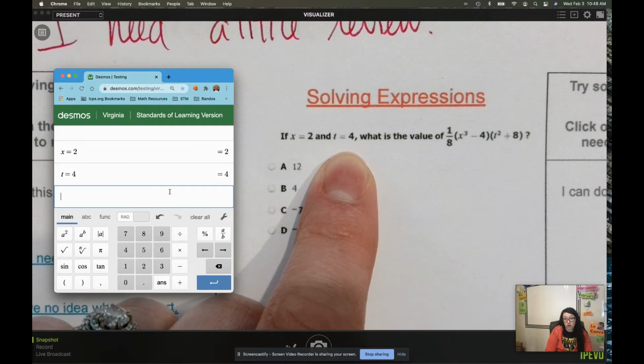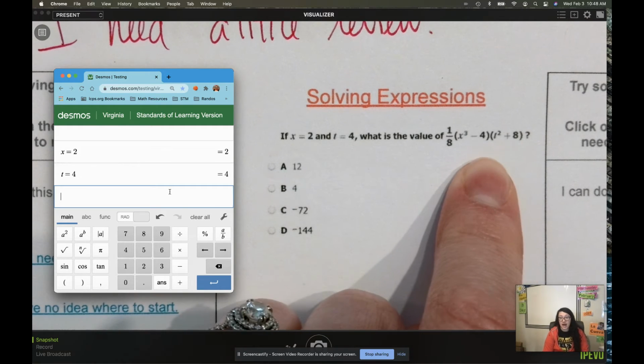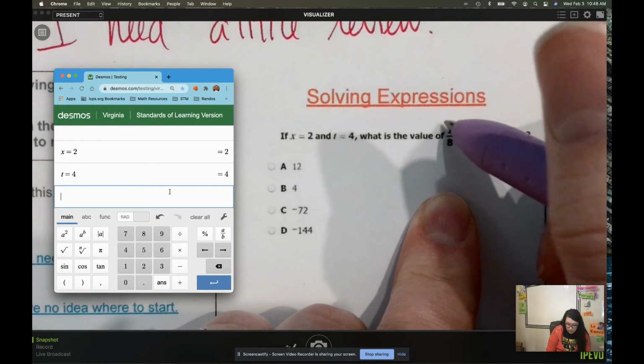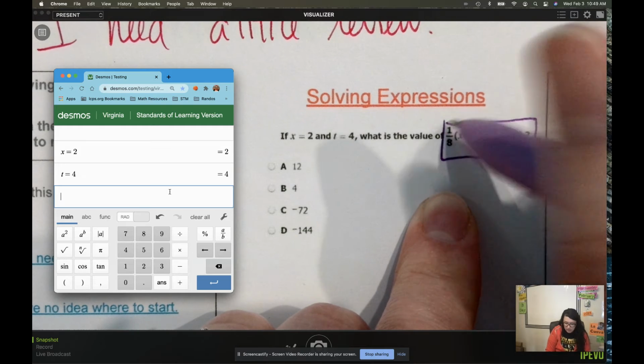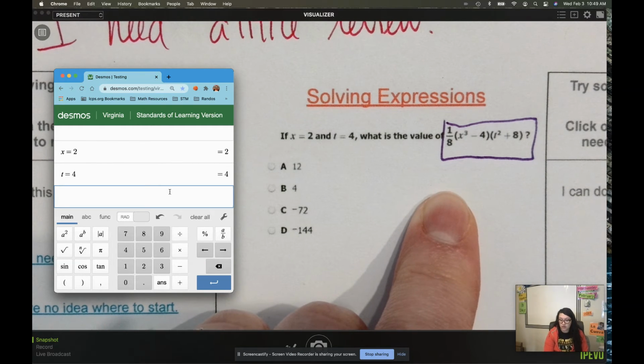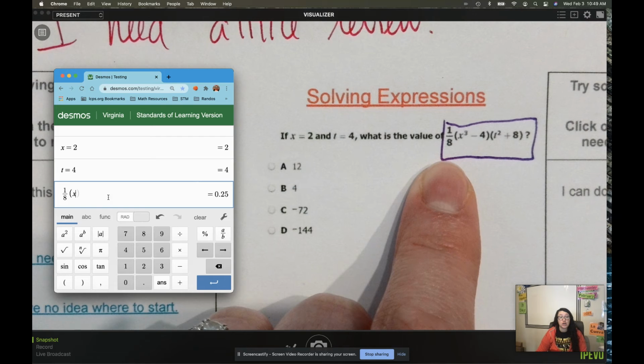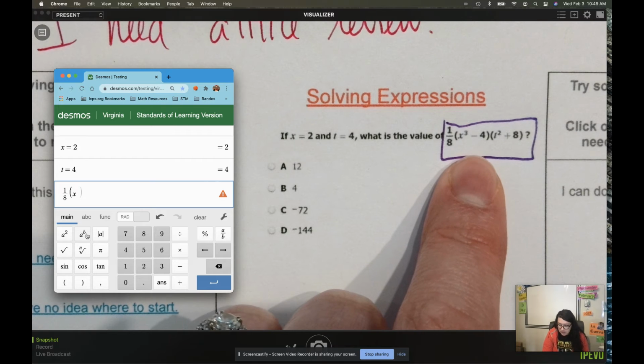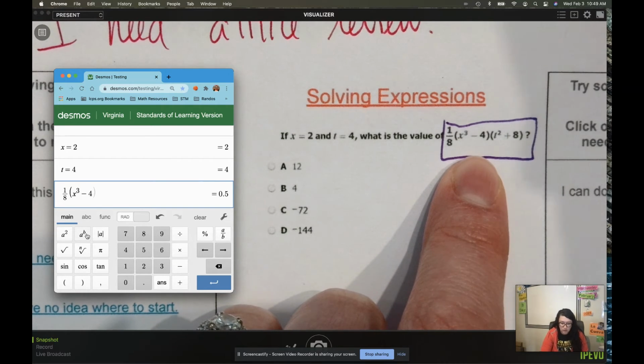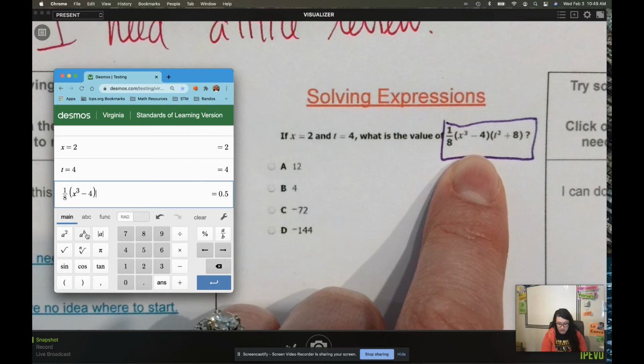Now that my calculator knows what everything equals, I can type in this last part over here at the end, that expression that I have. So I want to type 1/8, arrow over, and I've got a set of parentheses. I have x cubed. To do that cube, you have to click the a to the b button on the calculator. x cubed minus 4, close those parentheses.